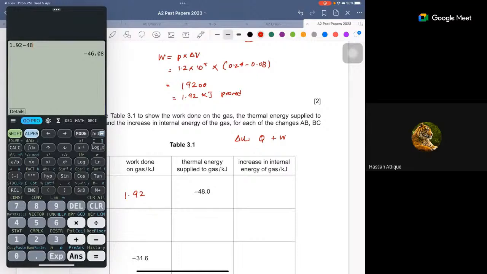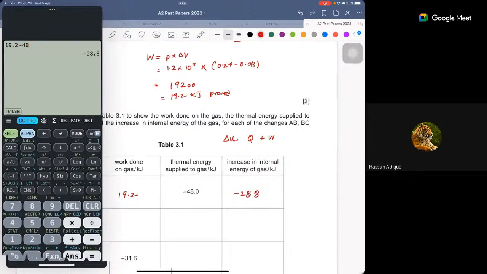It's 19.2, not 1.2. Sorry, my bad. That's supposed to be 19.2. Okay, 19.2 minus 48, so that's going to be minus 28.8. That should be your answer.